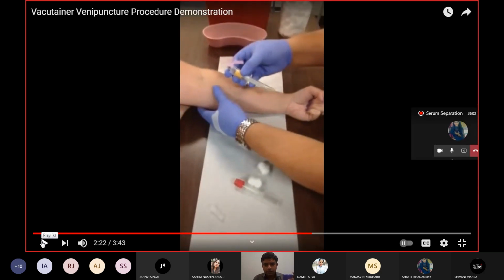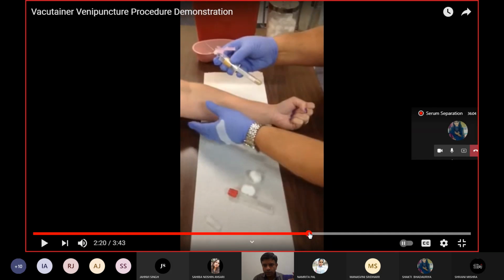Okay, students, again, I just want to show you one thing. If you see this vial, right, you see there is something here, right? So this is the reagent that they have added, okay, which will help in serum separation, right? And if you see this red vial, it does not have anything.